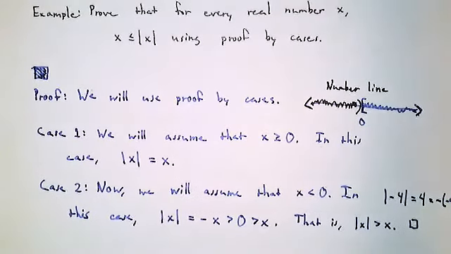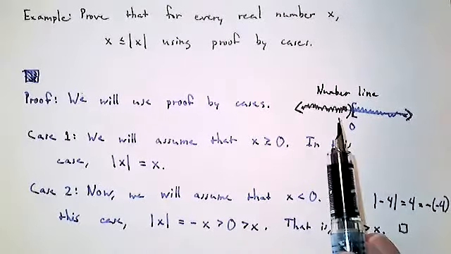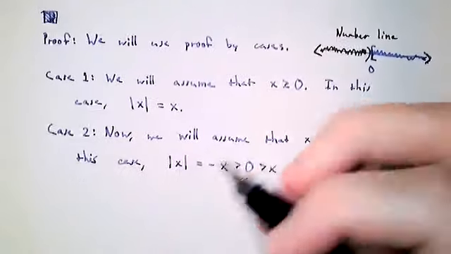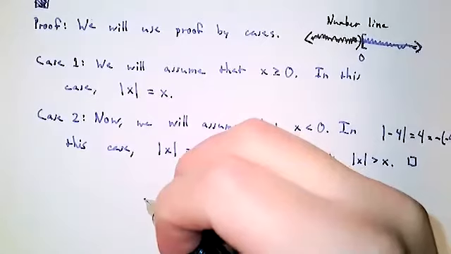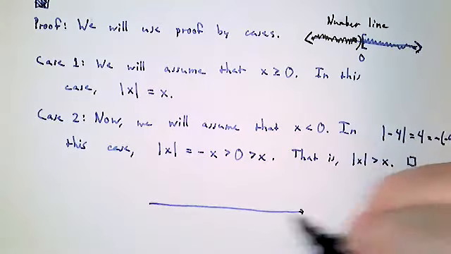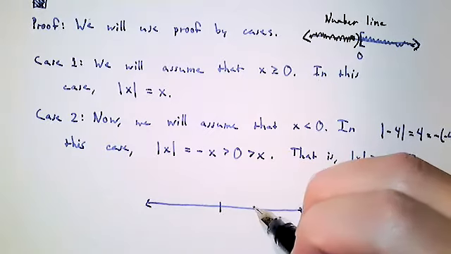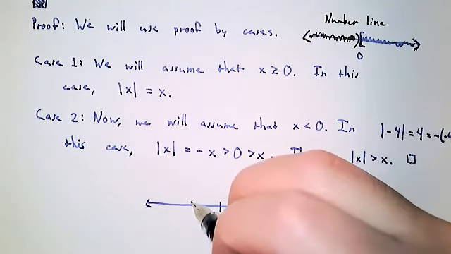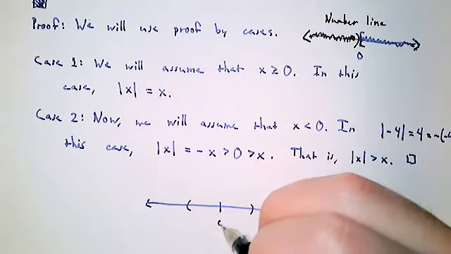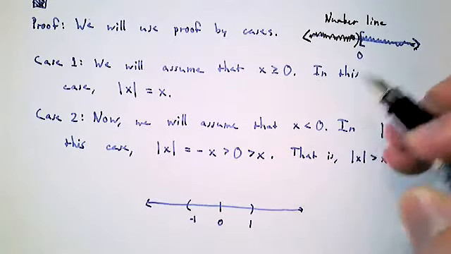But going back to the number line, we could also divide the number line up into different ways. So maybe, for example, this could happen. You might need to divide your number line up like this. So here's -1, here's +1.